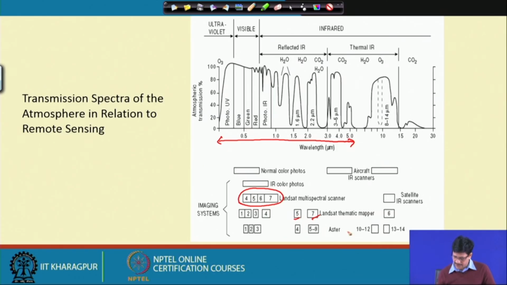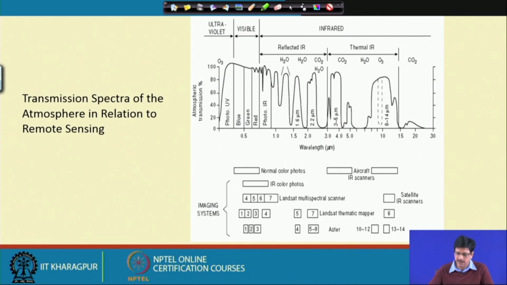And so, this is the first band, and from up to this band, the thermal IR band goes, which is of far better utility. Now, what would be the principles guiding the remote sensing technique? We fundamentally understand the interaction of earth objects with the electromagnetic energy of the sun, and it will be reflected and emitted in different wavelength ranges, and part of it will be absorbed by the atmosphere.